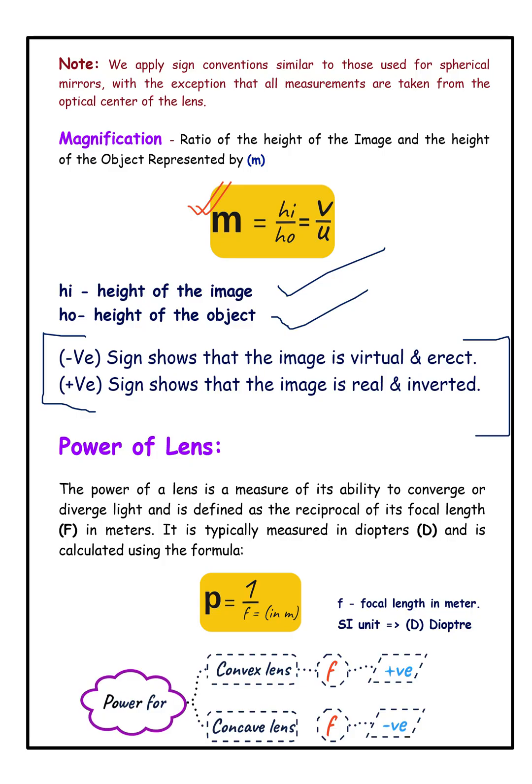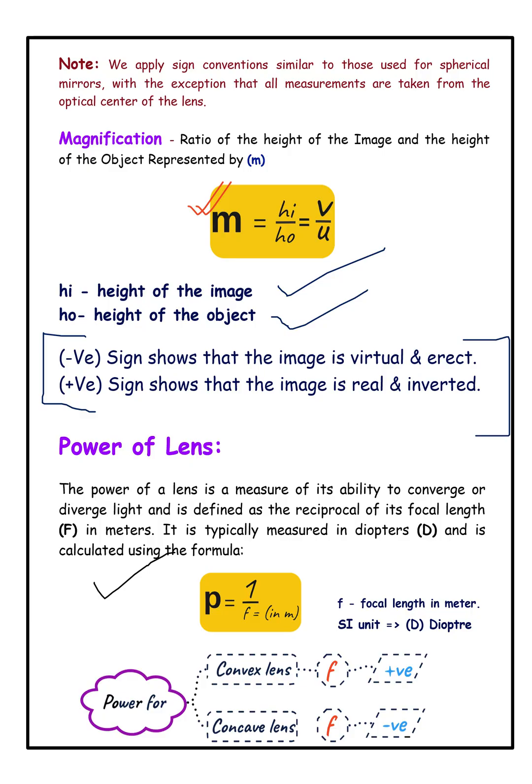When we are talking about the length, we are talking about meters. So it is typically measured in diopter. I'll repeat this again. It is measured in what? Diopter, and is calculated using the formula P is equal to 1 upon f. So what is f, students? That is the focal length in meters. And what is the SI unit? It is diopter, denoted by capital D.